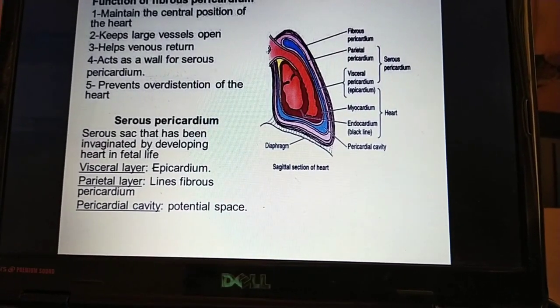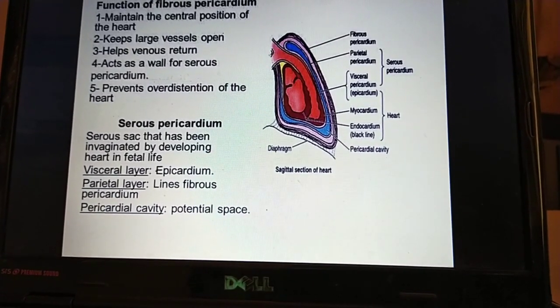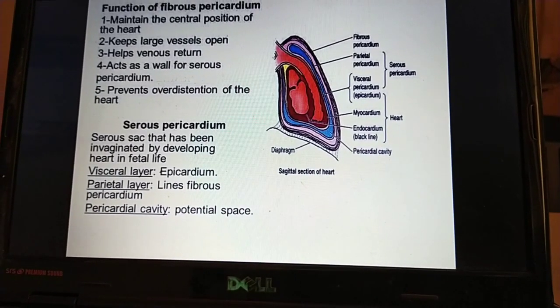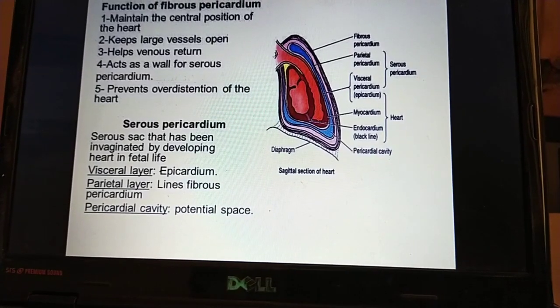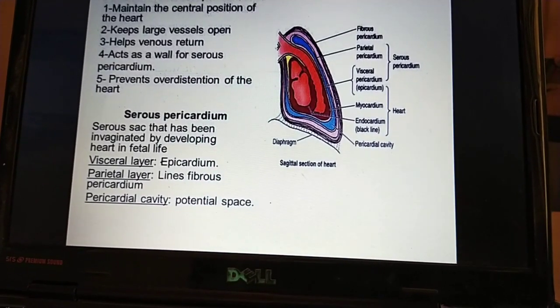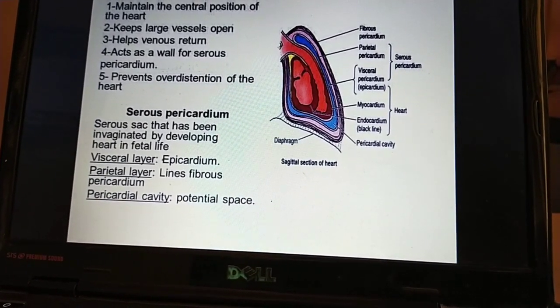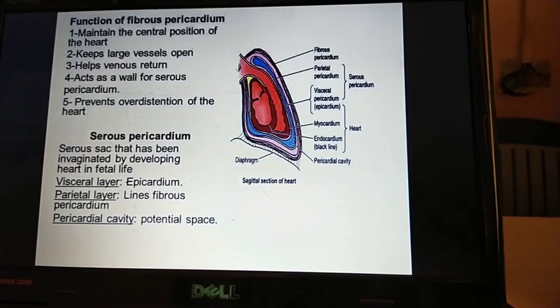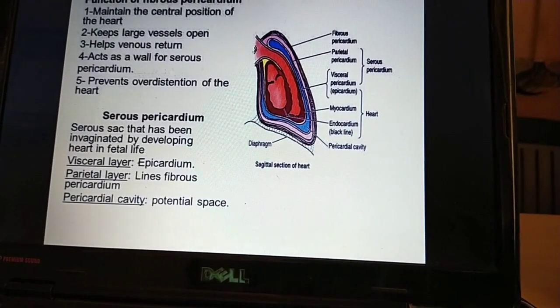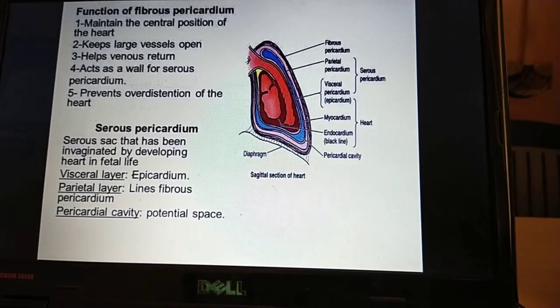Then the serous pericardium, or visceral pericardium, is a serous sac invaginated by the developing heart in fetal life. The visceral layer is the epicardium, the parietal layer lines the fibrous pericardium, and the pericardial cavity is nothing but the space between the visceral and parietal pericardium.